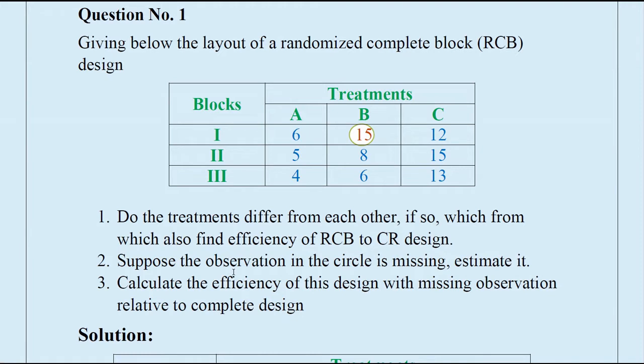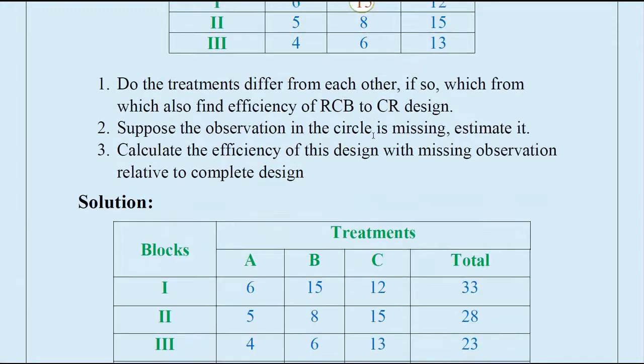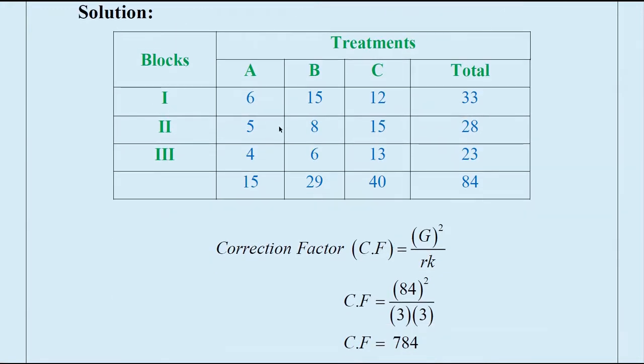Do the treatments differ from each other when the randomized complete block design has no missing observation? Suppose this is 15, this treatment is not missing here. So these are the treatments and here are the blocks.